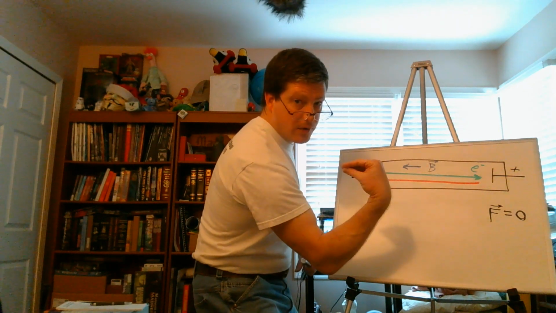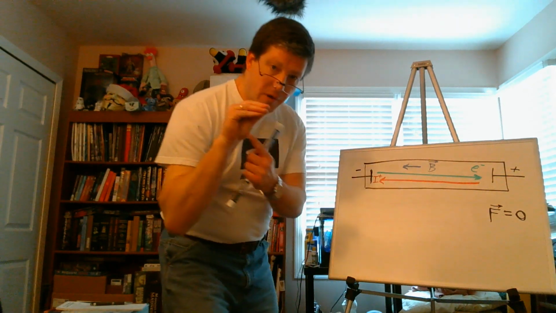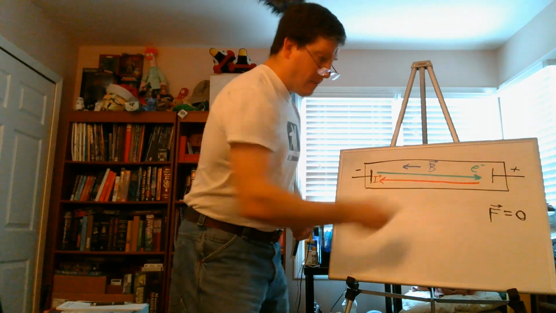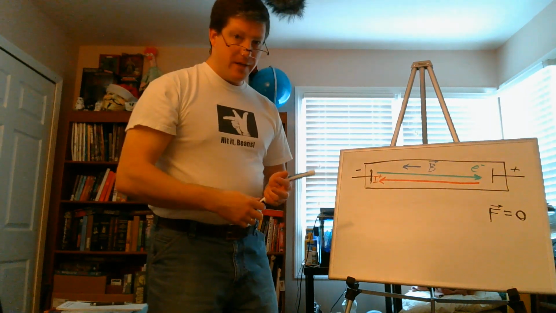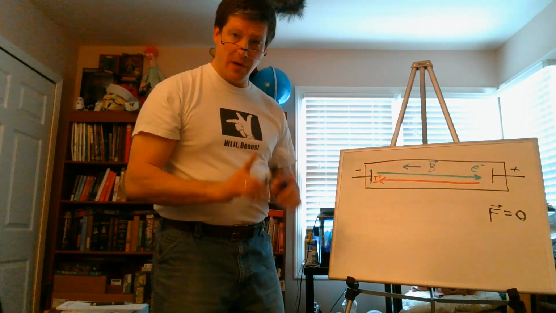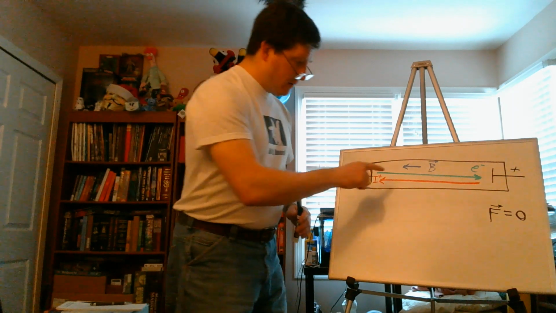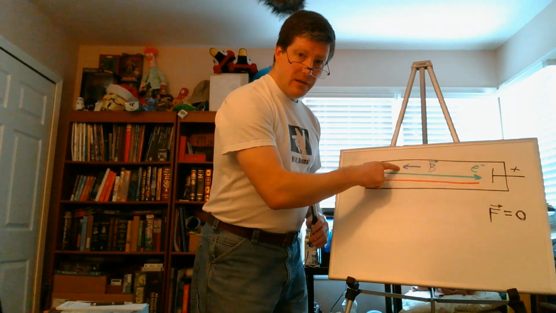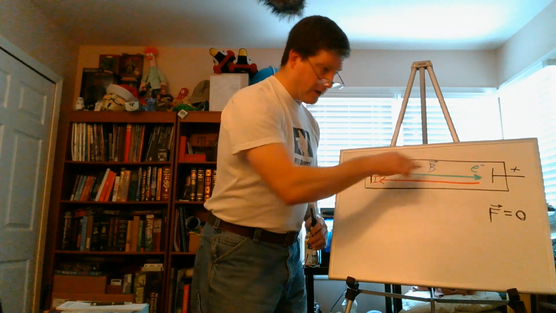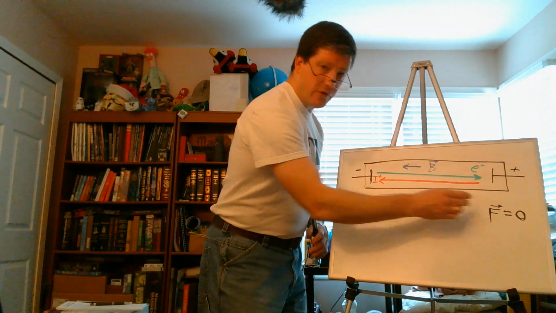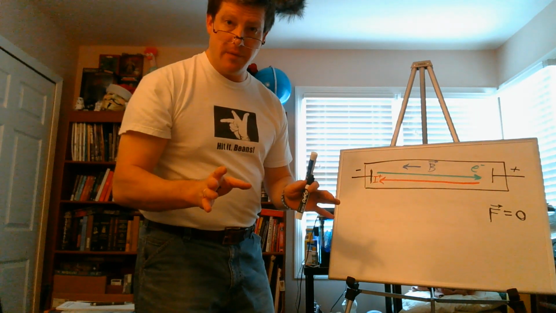Again, my palm closes up, and so I've got no force. So the basic idea is that if the magnetic field is parallel to the direction the charge is moving, there's no deviation of the beam.